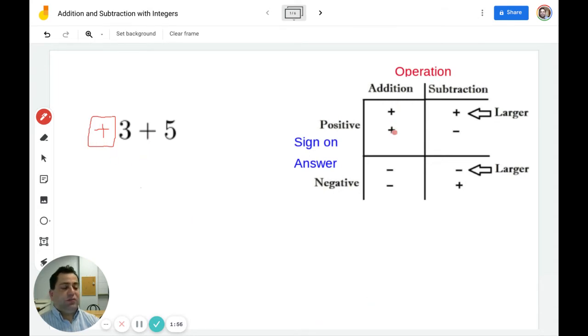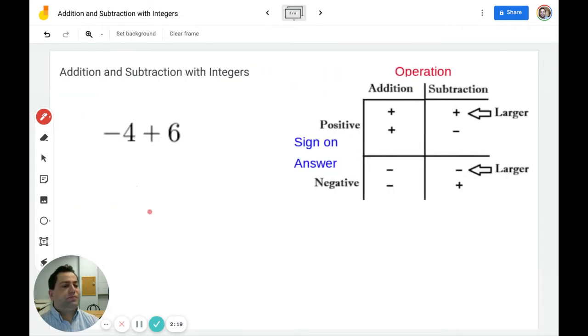According to my chart, positive, positive, we should add the numbers and the answer should be positive. So I know my answer will be positive. And if I add 3 plus 5, I get 8. So positive 8 is my answer.